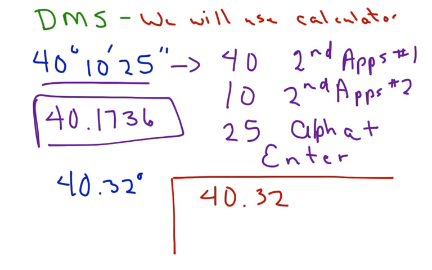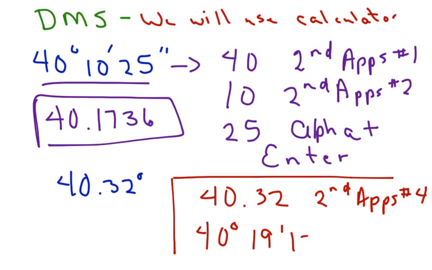You're going to type second apps, number 4, and hit enter. And you will get 40 degrees, 19 minutes, and 12 seconds. So again, if you don't have a calculator, we'll do this in class. I won't count off if you don't have these done.